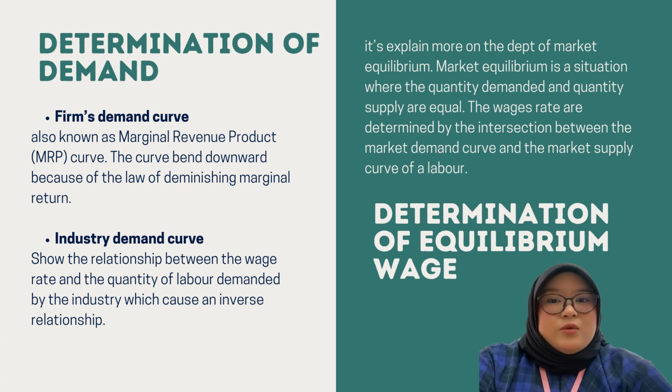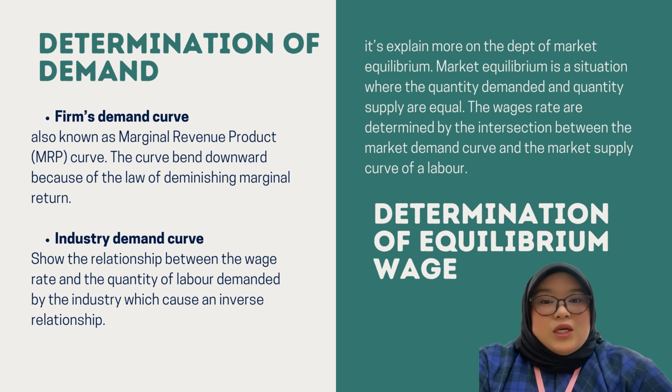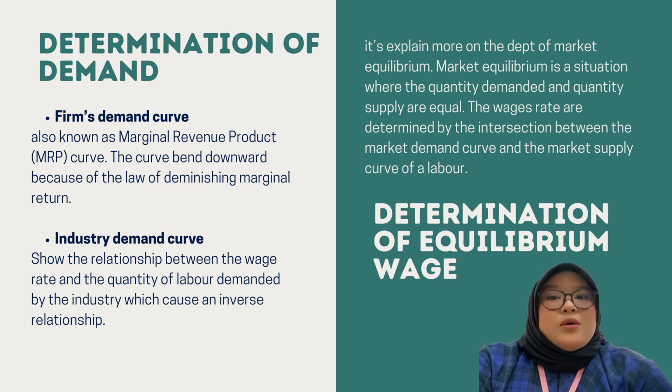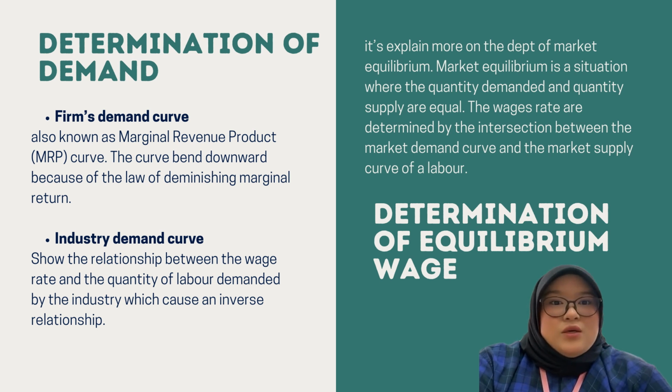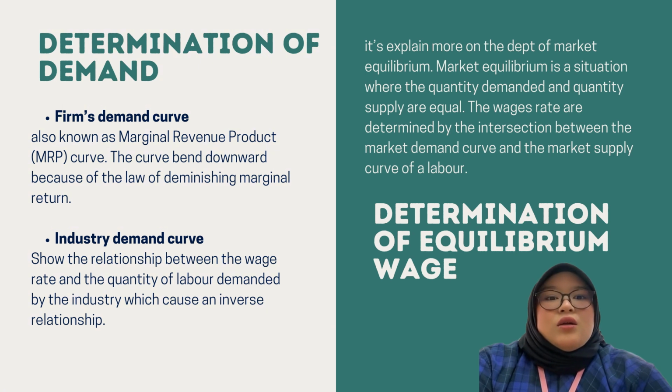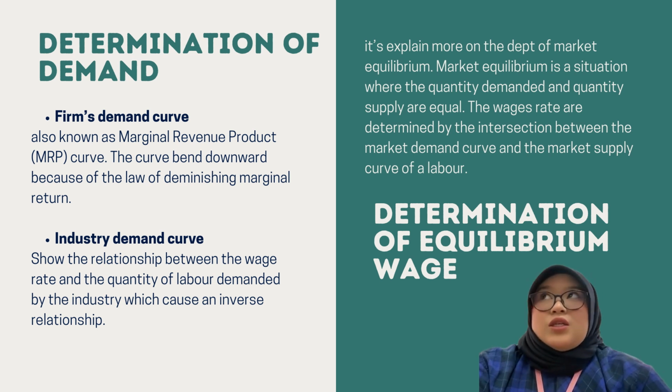Determination of equilibrium wage explains more in depth the market equilibrium. Market equilibrium is when the quantity of demand and the quantity of supply are equal, and the wage rate is determined by the market demand curve intersecting with the market supply curve for labor. The demand curve is downward sloping, which indicates that firms demand less labor when the wage rate is high.